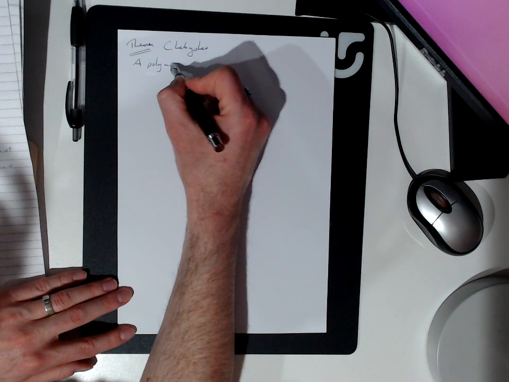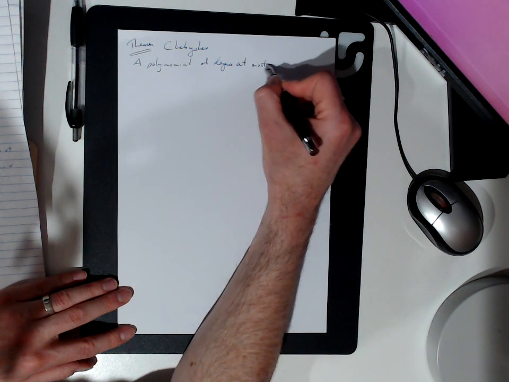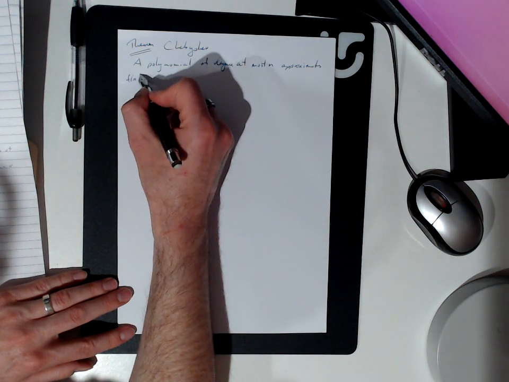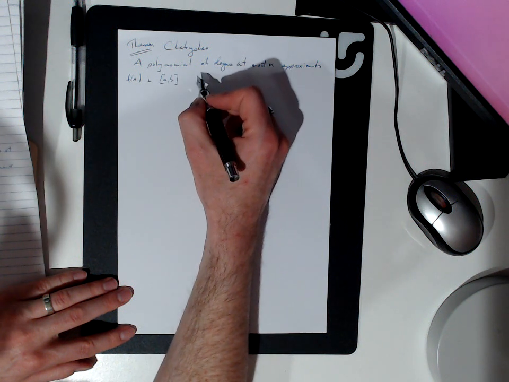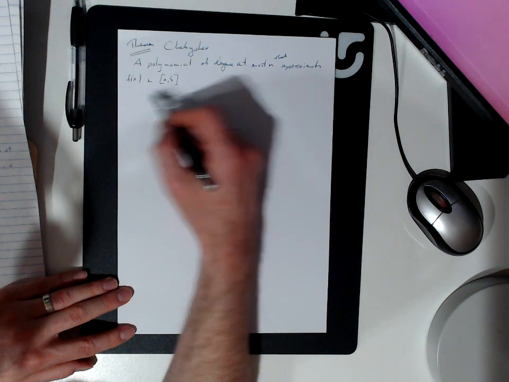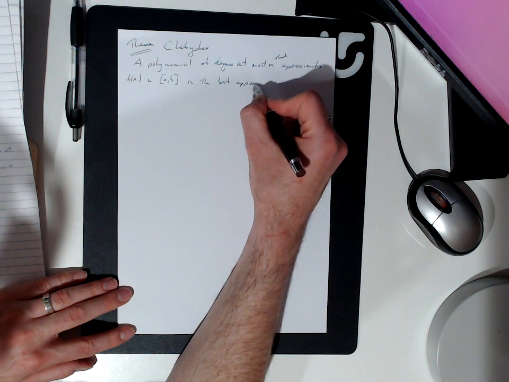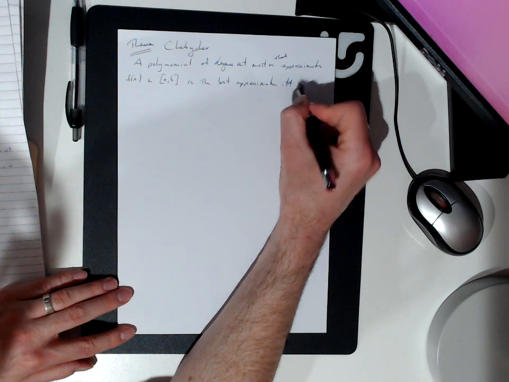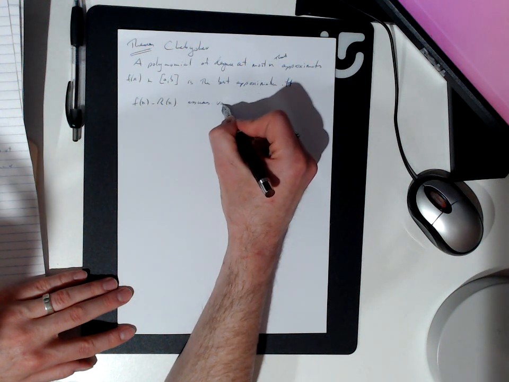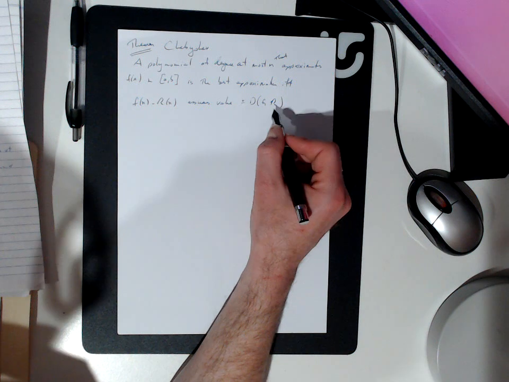A polynomial of degree at most n that approximates f(x) in our interval is the best approximation if and only if f(x) minus P_n(x) assumes values, so these are our e_j from before, except now we're assuming that the e_j are actually equal to the maximum deviation.